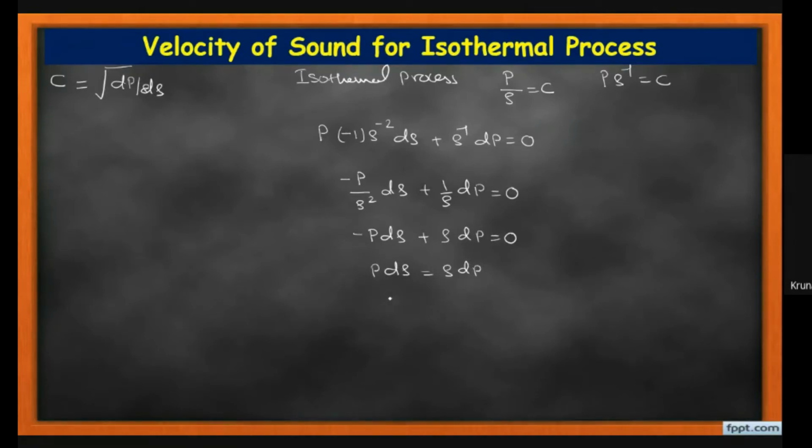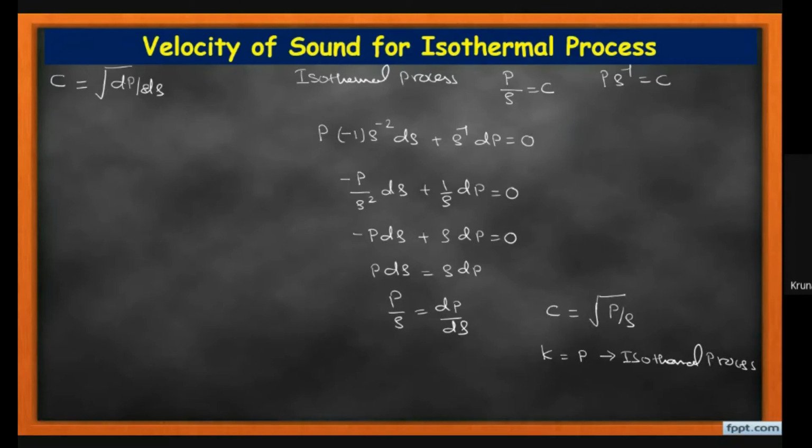So now we have P by rho equals dP by d rho. We put this value into the expression, so we get the velocity of sound for the isothermal process, which is the square root of P by rho. And we know that for the isothermal process, the bulk modulus K equals P.